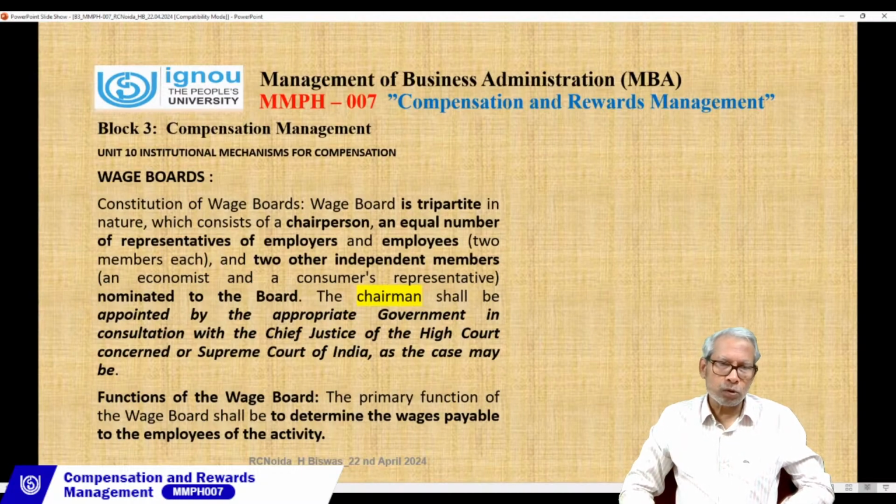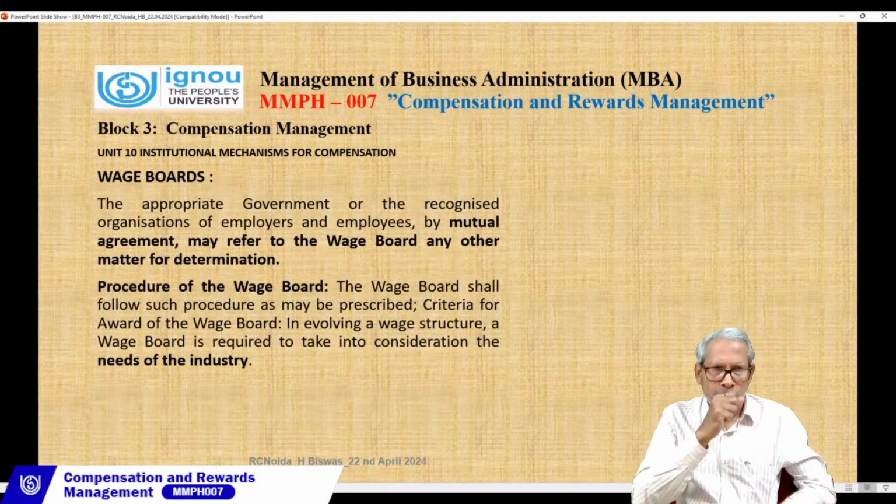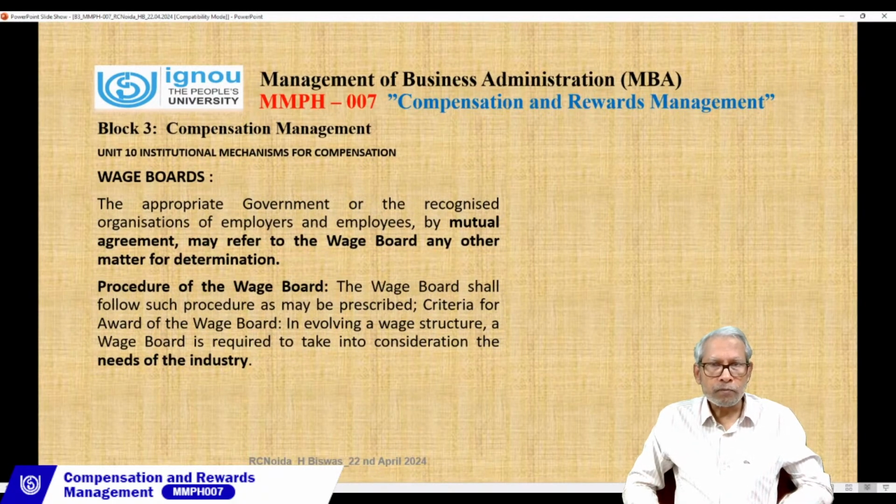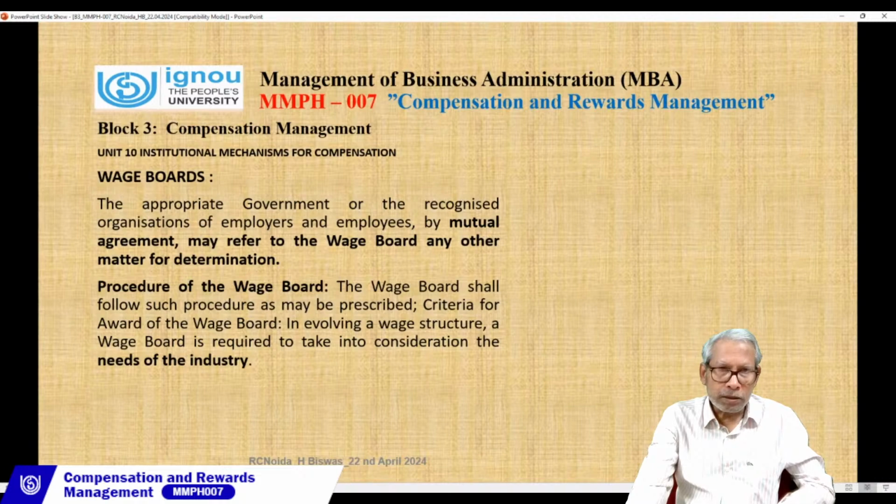Basically, the function is to look at the activity related to wages, determining the payables to the employees. Those functions are to be seen by the wage board. Some procedures are given.